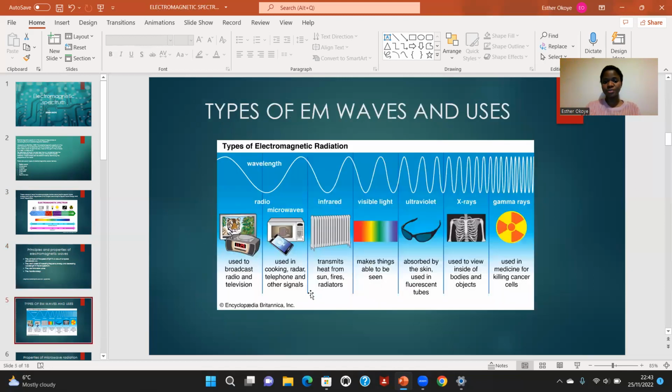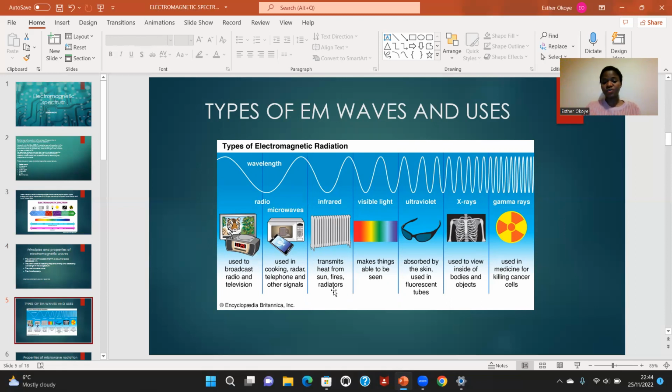This picture gives us a quick example of what some of the types of waves are used for. Radio waves are used to broadcast radio and television. Microwaves are used in cooking, radar, telephone and other signals.